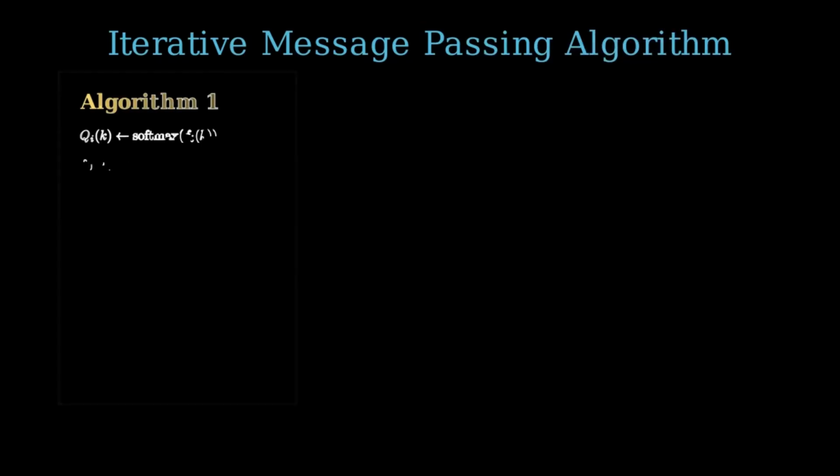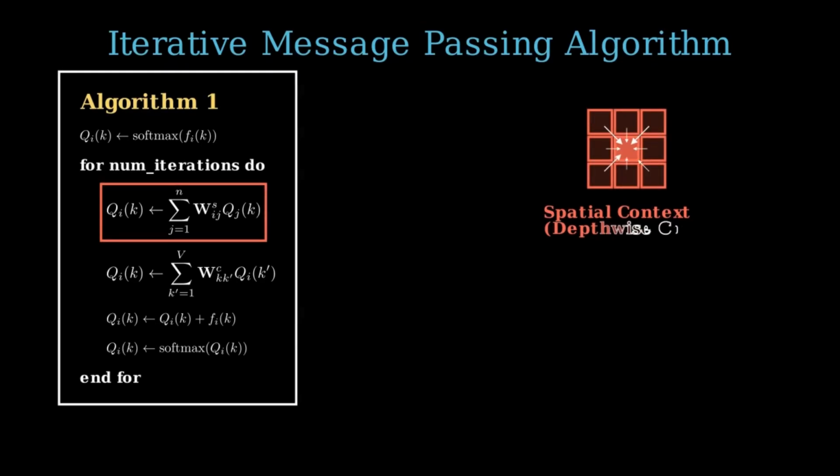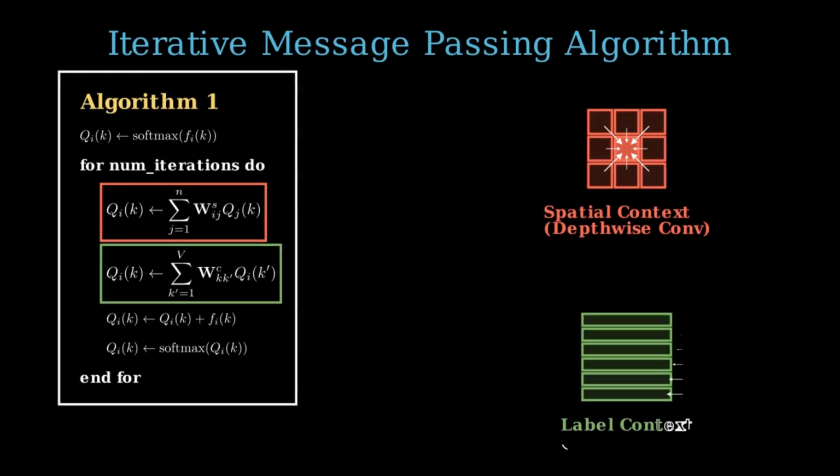So, how do these independent tokens communicate to create a consistent image? This is achieved through the message passing algorithm. This algorithm evaluates two types of compatibilities. The first is label compatibility, which analyzes the lexical probability through 8192-dimensional vectors using 1x1 convolutions, ensuring that neighboring tokens make logical sense together.